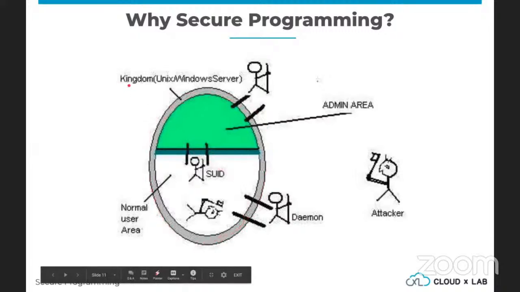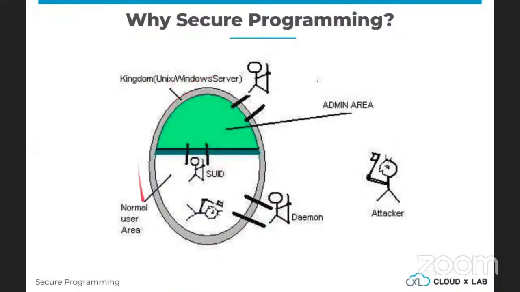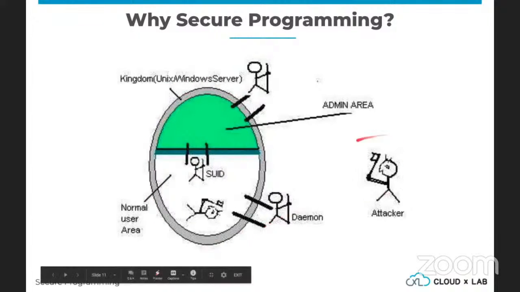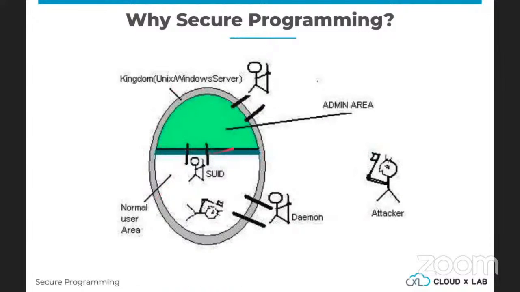We call it the kingdom, a Unix or Windows server, whatever you want to call it. Outside, there could be an attacker. In this kingdom, there are certain processes, services or programs which run inside the admin area. This is the normal user area, this is the admin area, and there is an attacker outside.